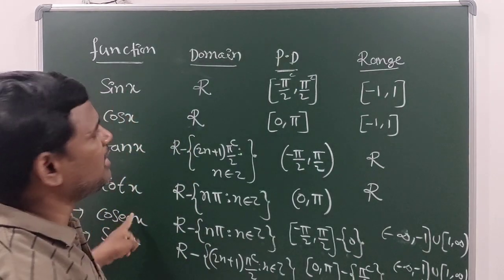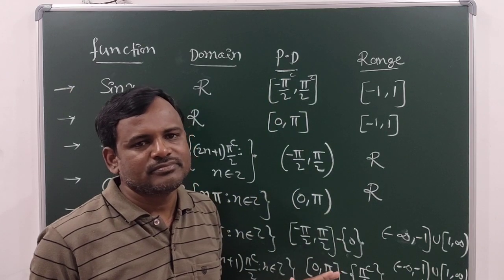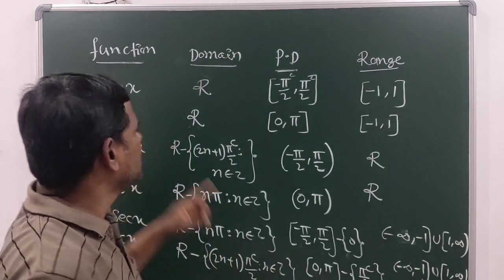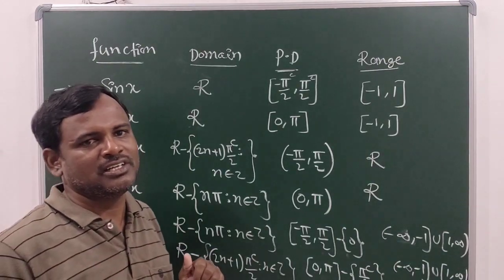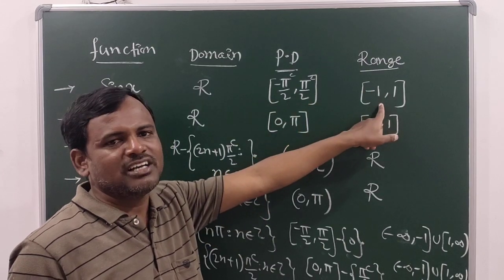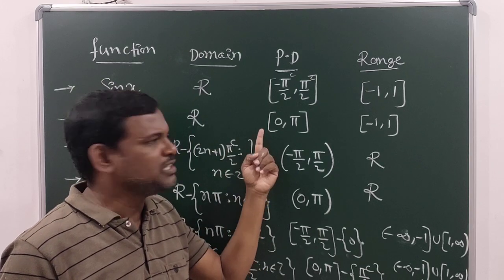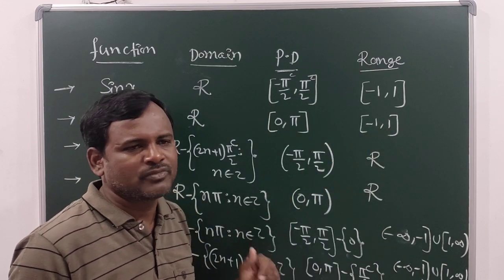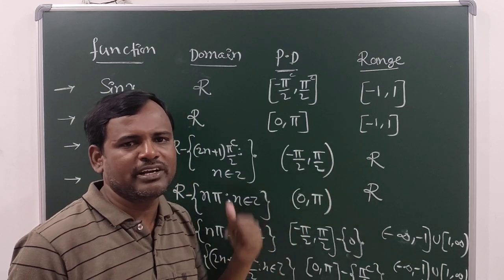Okay, so these functions are defined from this domain to this range. In inverse trigonometric functions, you have to consider these principal domains and the ranges of the basic trigonometric functions. Sin x principal domain is this, and its range, the principal values, is minus 1 to 1. Cos x principal domain is 0 to pi, and the range is the closed interval minus 1 to 1. You know the meaning of closed intervals and open intervals.